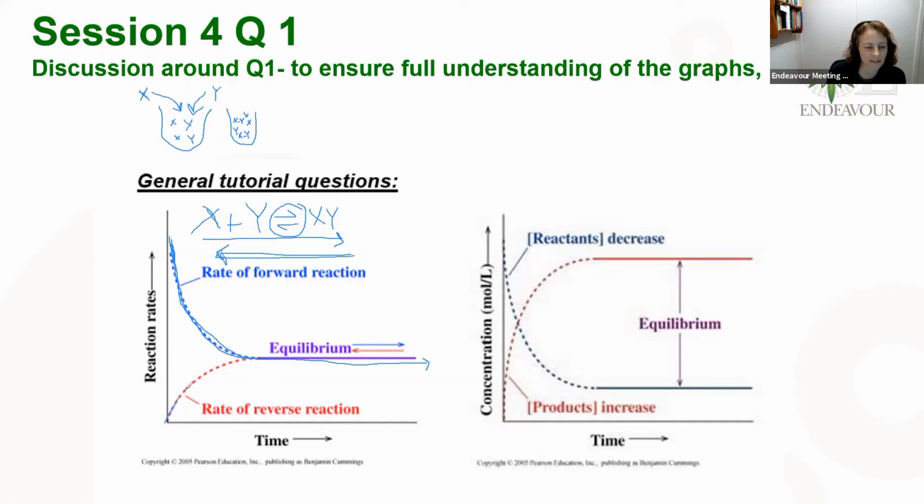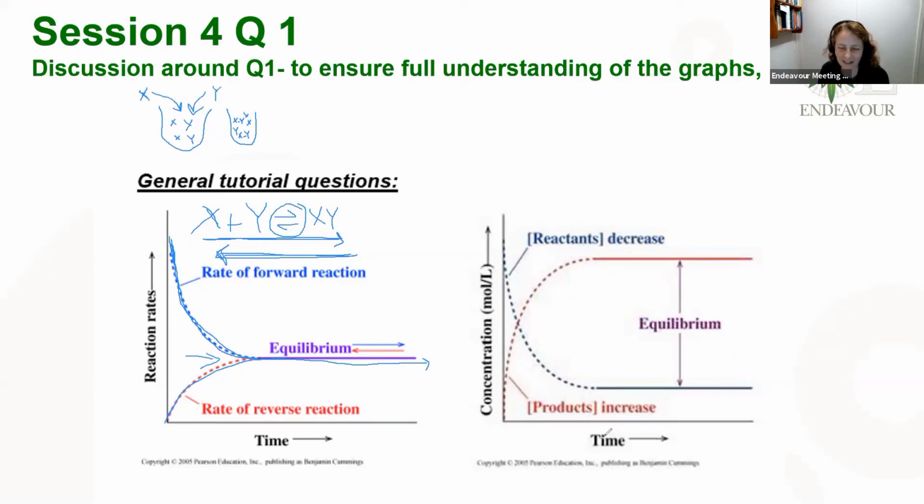And so that speed of reaction is going to speed up. At some point it will reach this equilibrium where the rate of the forward reaction, which is turning the unbound X and Y into the bound form, is as much as the reverse reaction. And that's the equilibrium point. Does that make sense?